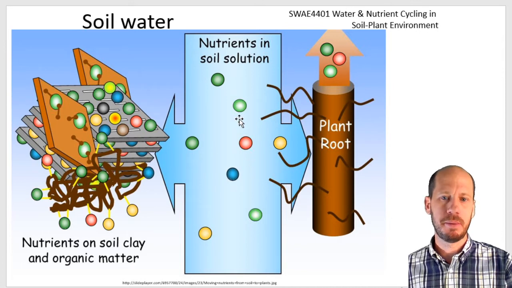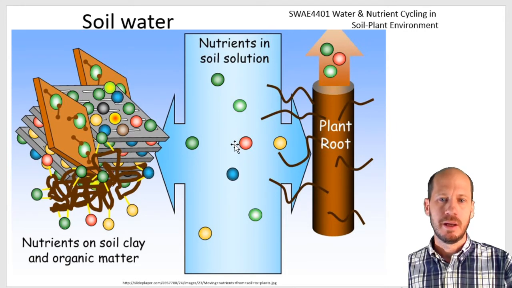So as the plants are depleting the solution, taking the nutrients from it, the solid particles are able to resupply these nutrients to the solution and therefore to the plants. So there is an interface between the roots and the solid phase of the soil, which is the soil solution. And this interplay occurs in a zone of soil called the rhizosphere.